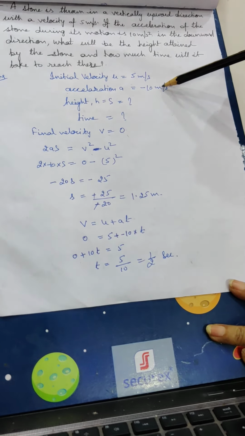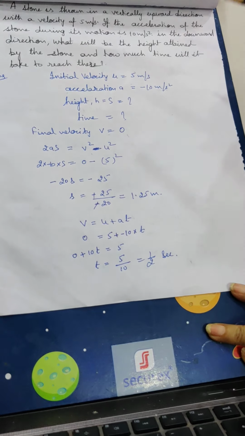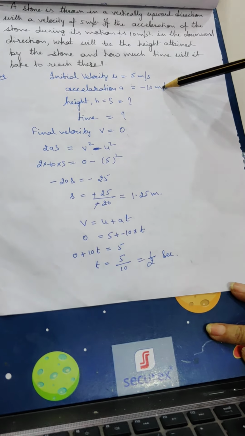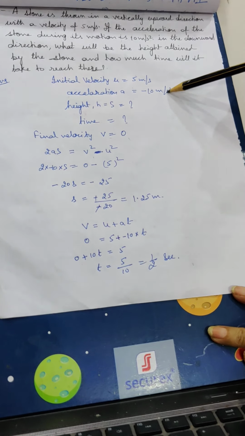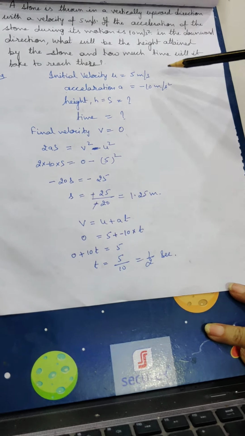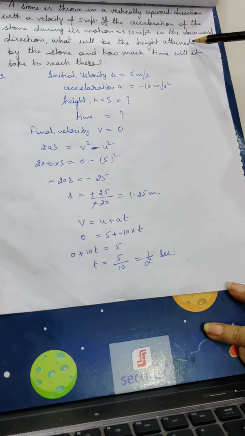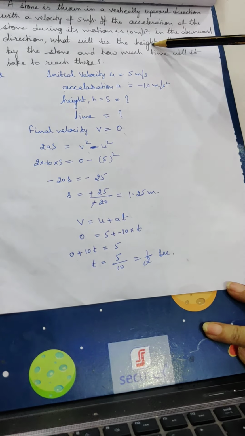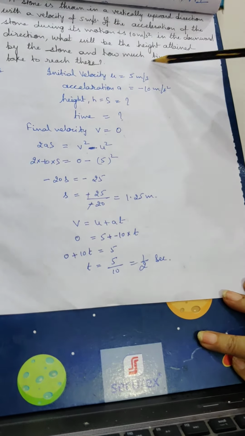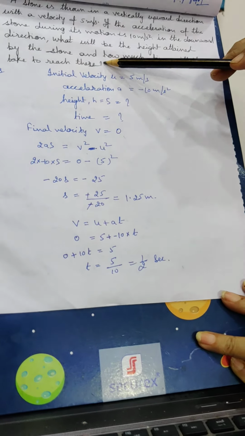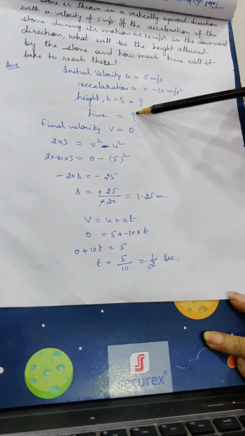That means we are doing work against gravity. Always remember, whenever we do work against gravity, acceleration becomes negative. So a is −10 meter per second square. What will be the height? Height means the distance attained by the stone, and how much time will it take to reach there. We have to calculate time also.